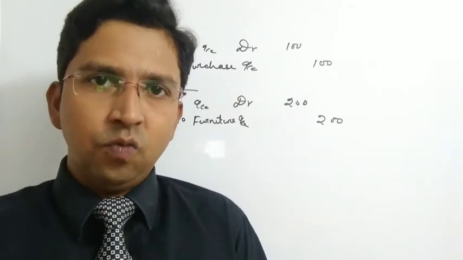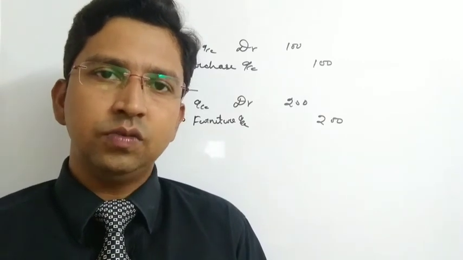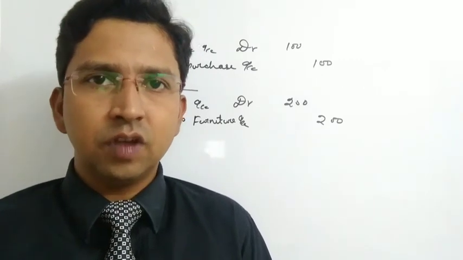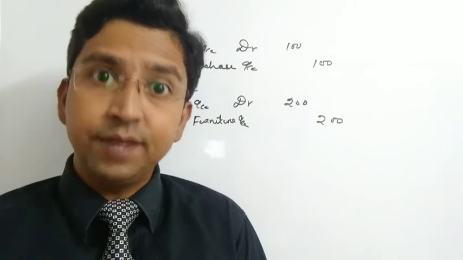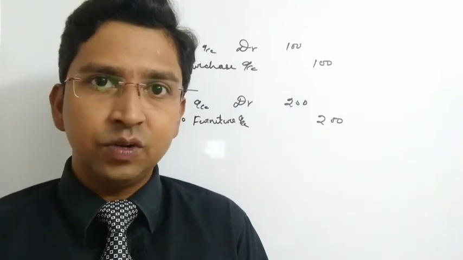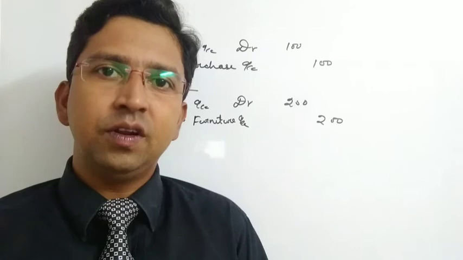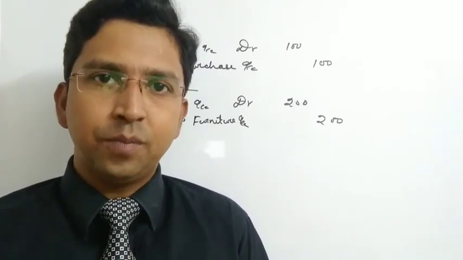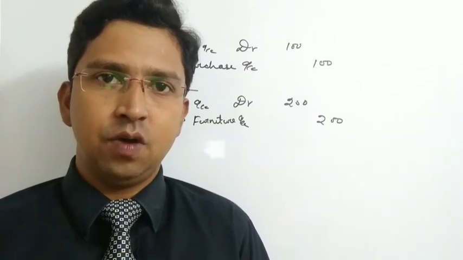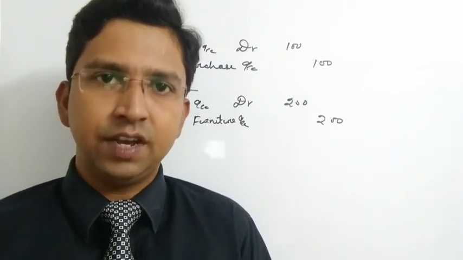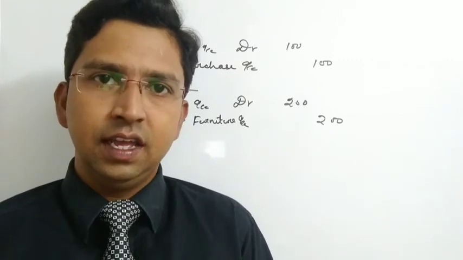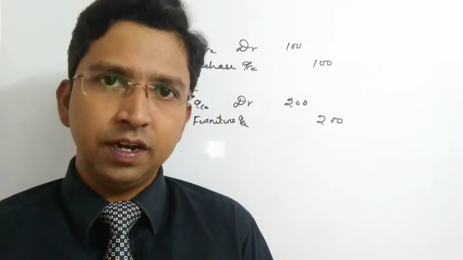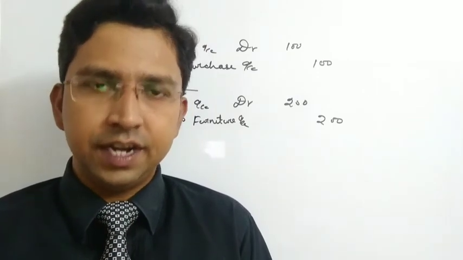If the error was with the nominal accounts, then we can't even debit or credit the nominal account, because a nominal account affects the P&L, which we have already prepared. So we can't do anything. In that case, we have to open a profit and loss adjustment account. Since we have prepared the final account already, we can't make any changes to a nominal account, because it will affect the trading and profit and loss account.